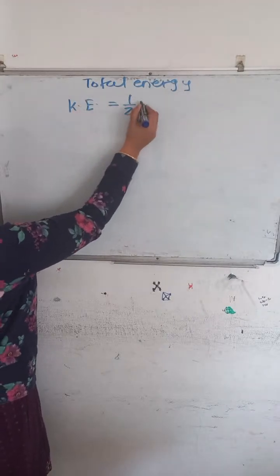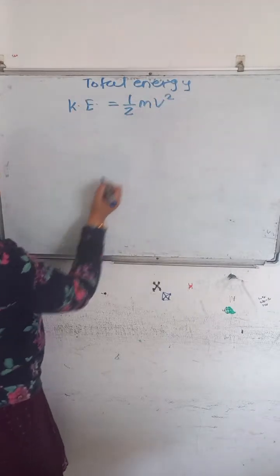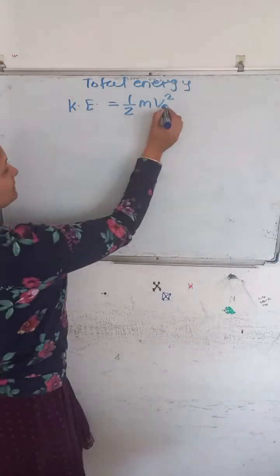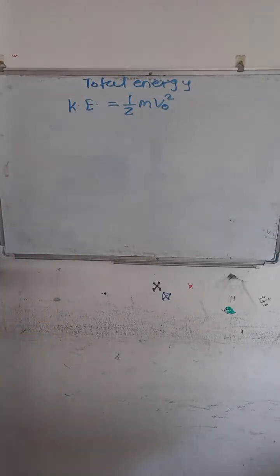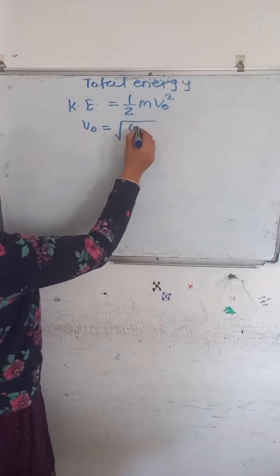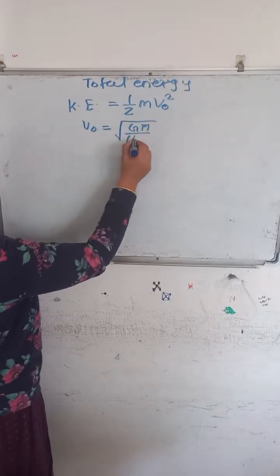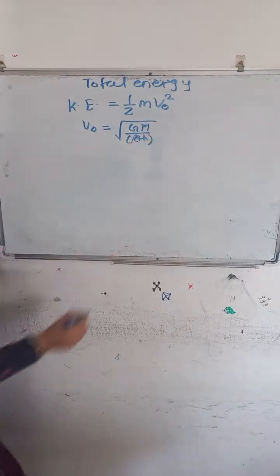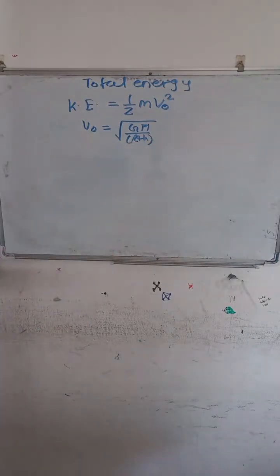Kinetic energy is half m v square, but we are taking this as the orbital velocity v naught. Orbital velocity v naught is the square root of GM upon r plus h, which we just derived.